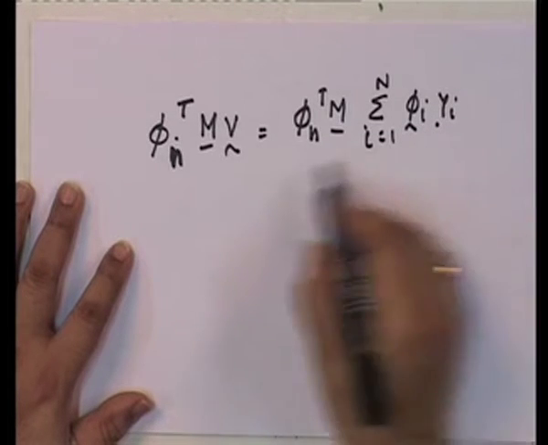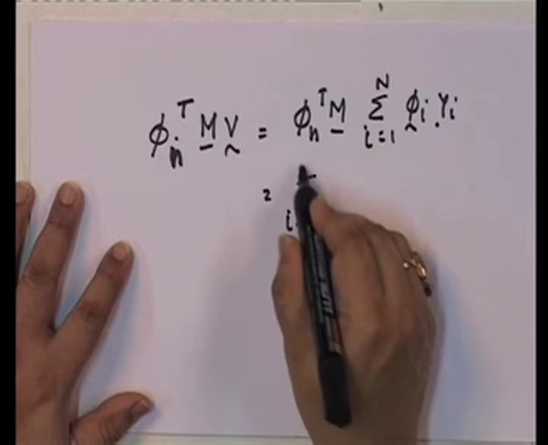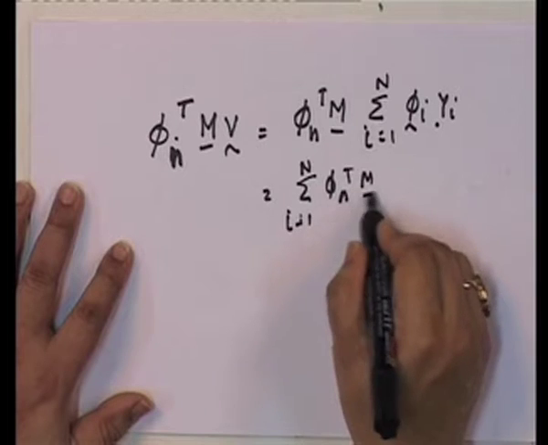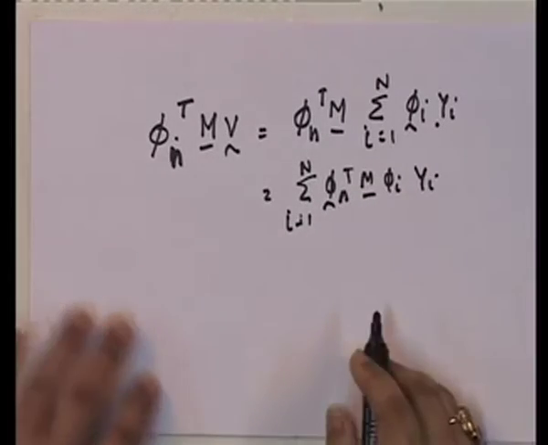Now, if you put this in, it is equal to summation i going from 1 to n of phi n transpose m phi i into y i.